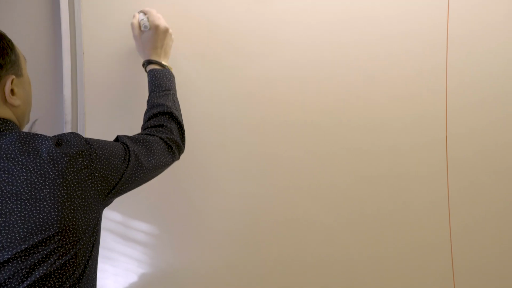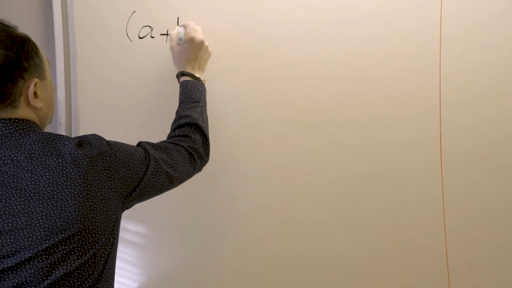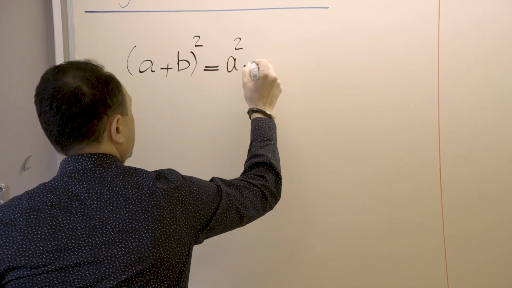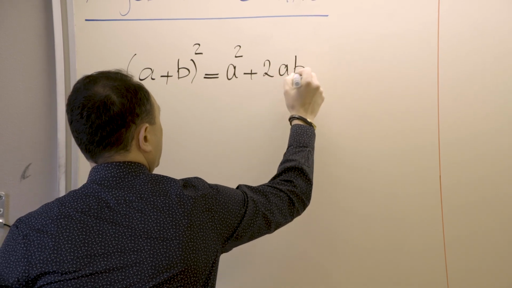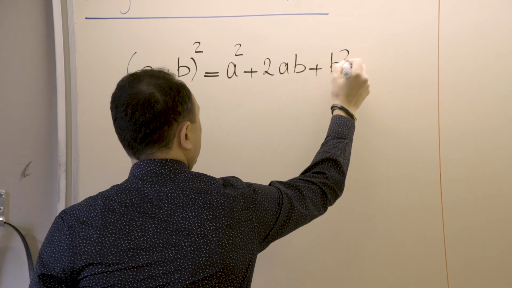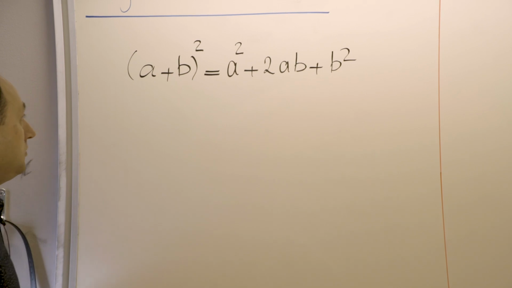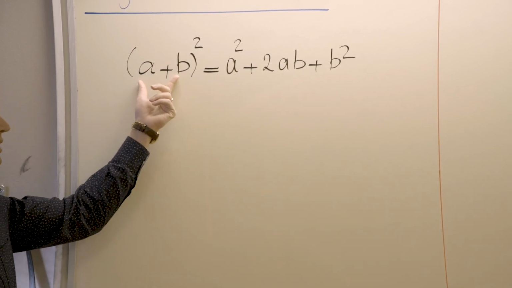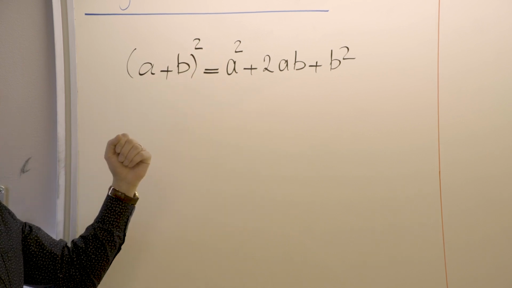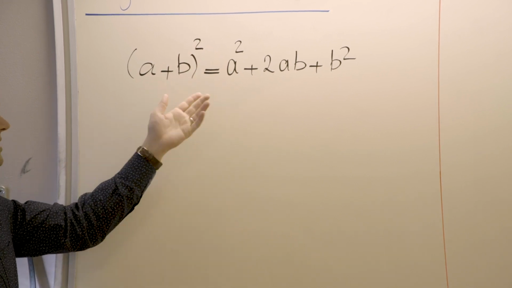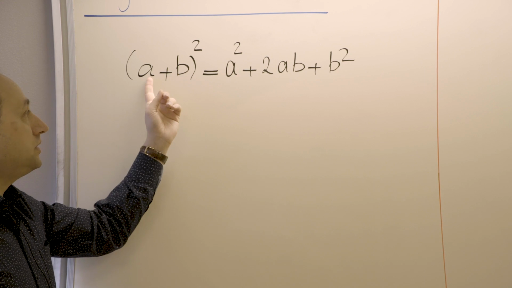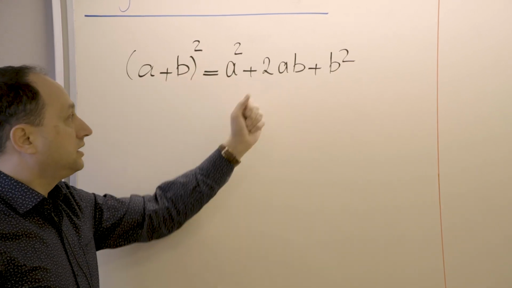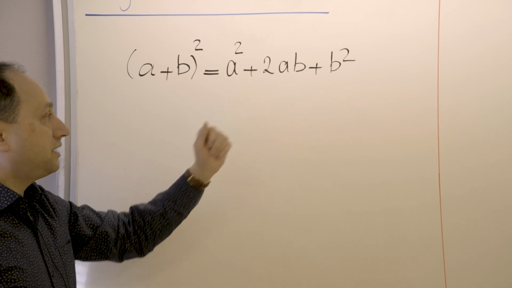So you know that (a + b)^2 is a squared plus 2ab plus b squared, yes? We can use this identity whenever we have a binomial and we want to square it. This rule tells us that you can square the first one, plus 2 times the first one times the second one, and plus the second one to the power of 2.